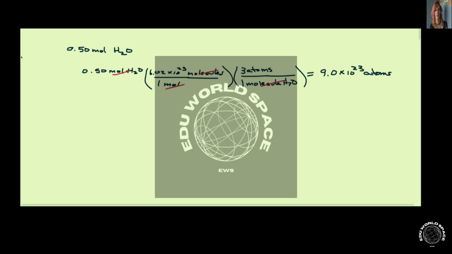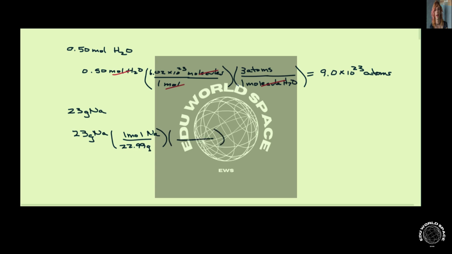Now, what about 23 grams of sodium? Well, we can take our 23 grams. We can use molar mass to convert to moles. So when you look up sodium on the periodic table, 22.99 grams. That'll get us to moles, but we want to go to atoms.